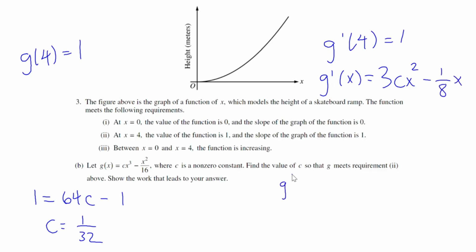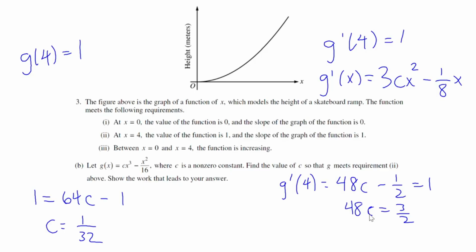And so if we do g prime of 4, we should end up getting 4 squared is 16. 16 times 3 is 48, so we'll have 48c minus 1/8 of 4, so minus 1/2 should equal 1. Or 48c is equal to 3/2. We'll actually write 48c is equal to 3/2.